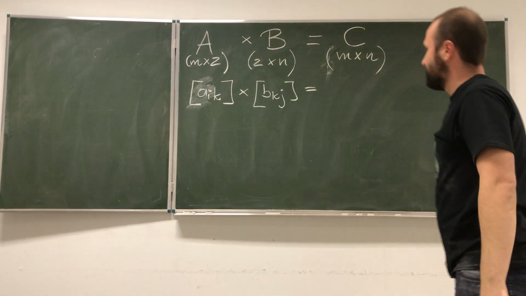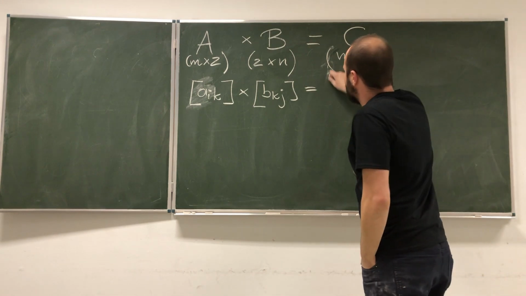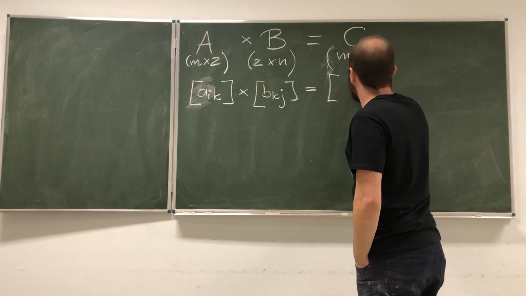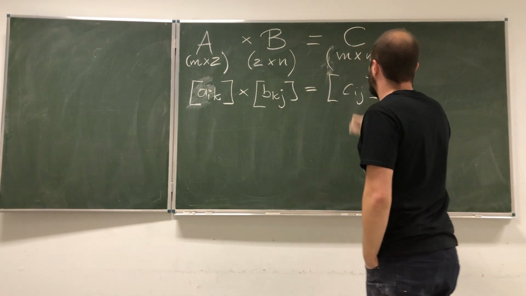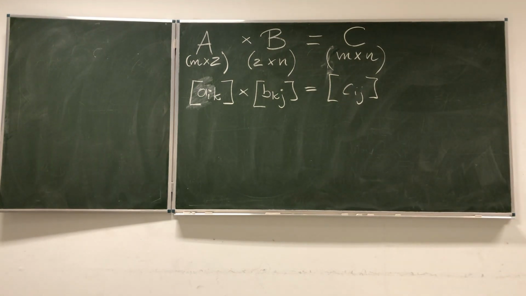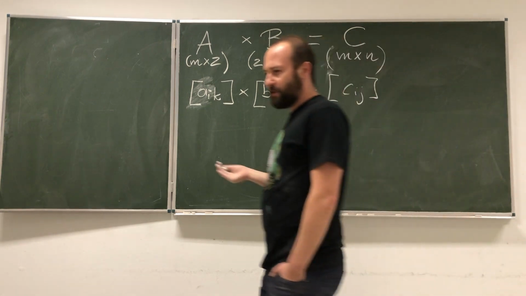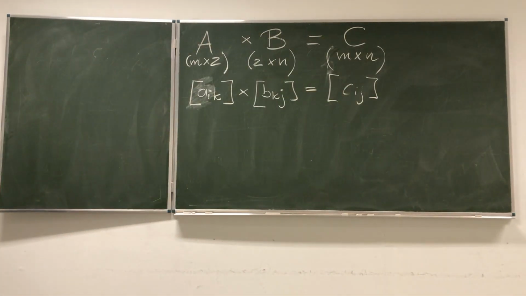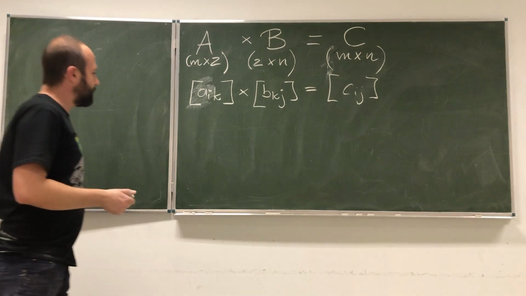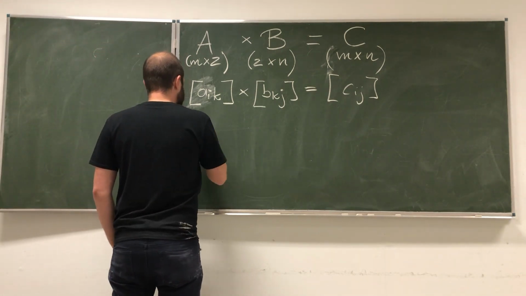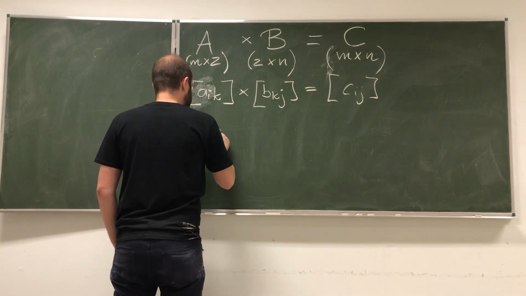And as a result, we will get some collection of elements Cij. Okay, and maybe, knowing this, we can find the formula for element Cij.